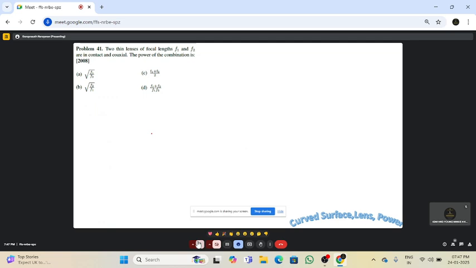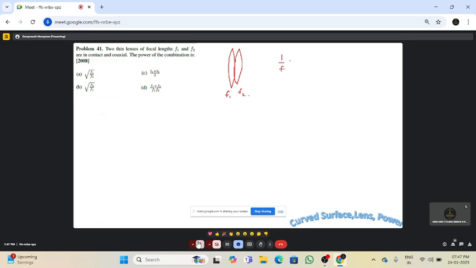Two thin lenses of focal length f1 and f2 are in contact and coaxial. Power of combination. If it's in contact like this, this is f1, this is f2.